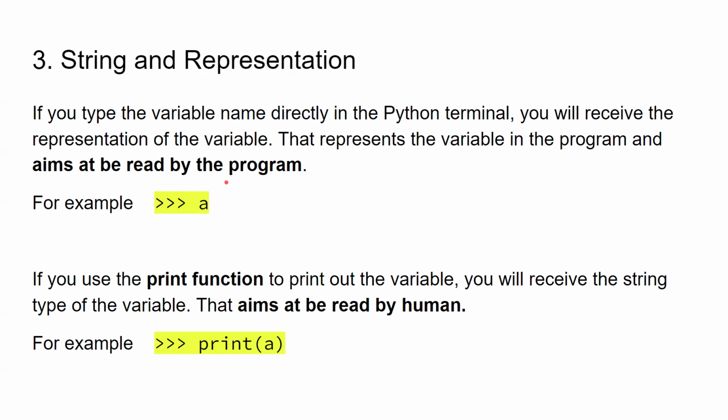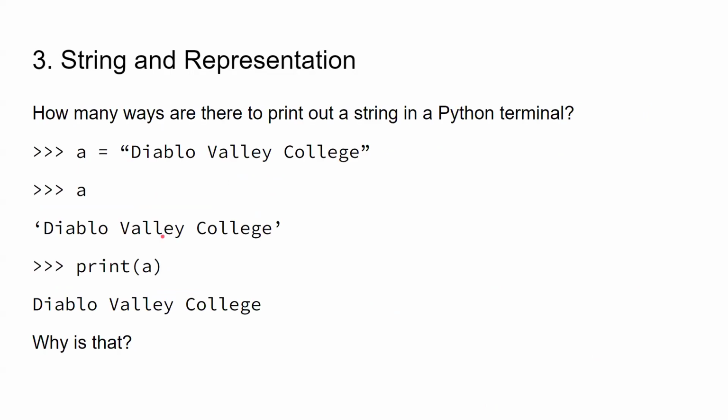For the representation, the program cares not only about what is stored. Let's say we have the string, the name of DVC. It not only cares about the name of DVC, it also cares about what the data type of it is, and how many letters and spacing are in this variable, things like that.